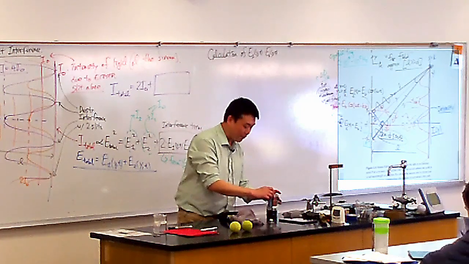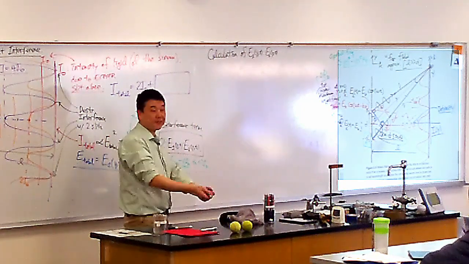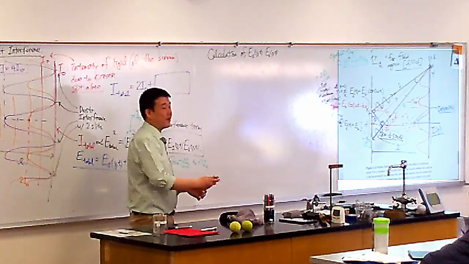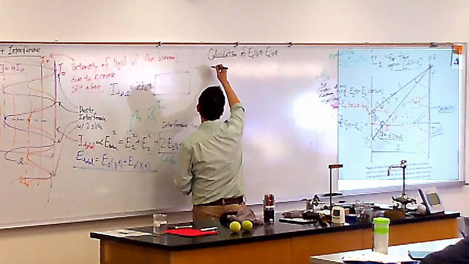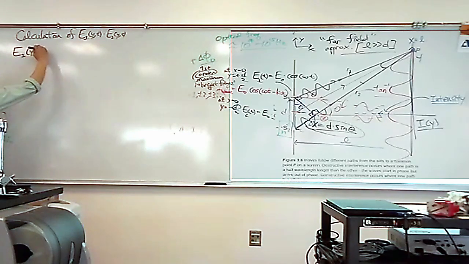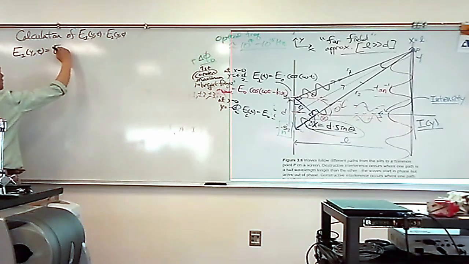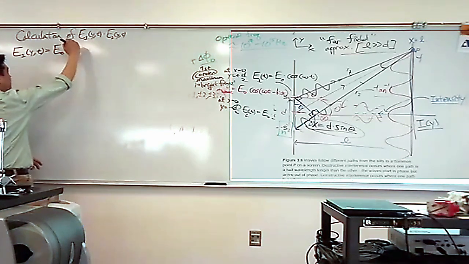Because I'm going to be making some approximations, I want to make sure each step is clear and at least you know where I'm waving my hand. So when I have E1 of y and t, well, it's going to be some amplitude of oscillation E naught times a function of y, that's the complicated piece that I don't really want to deal with.